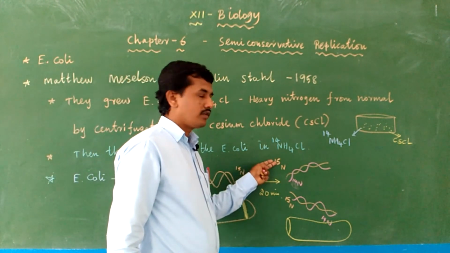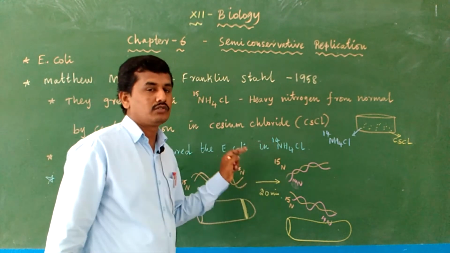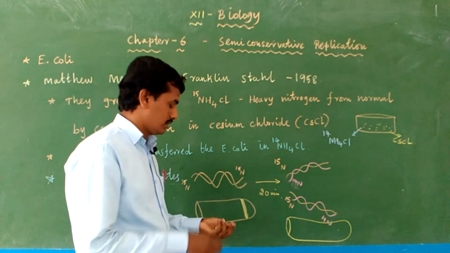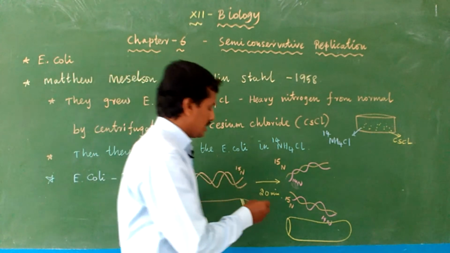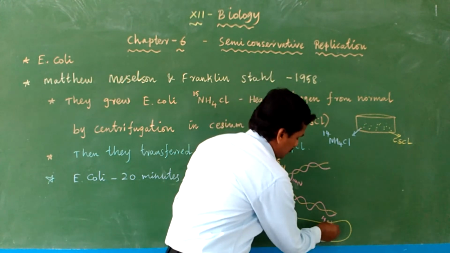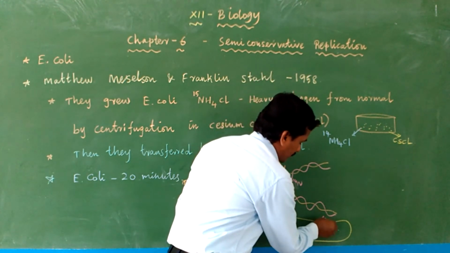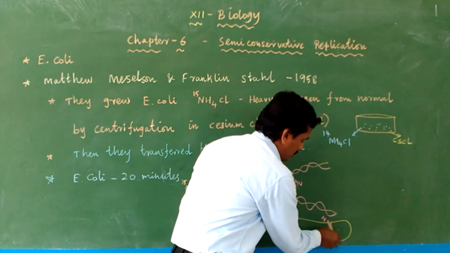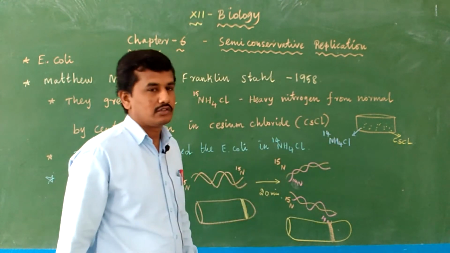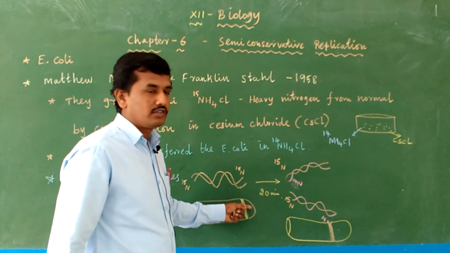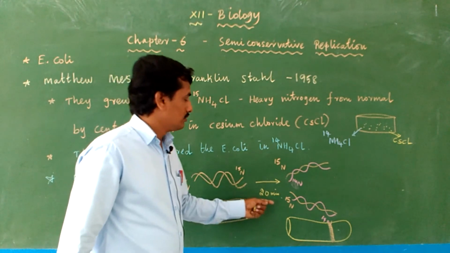Here one strand is 15 and the other strand is 14, so the density is less as compared to this. So this particular DNA is in the middle of the test tube, not at the lower bottom.